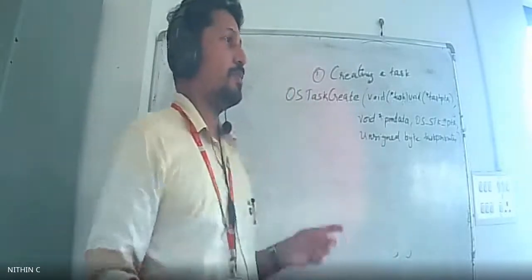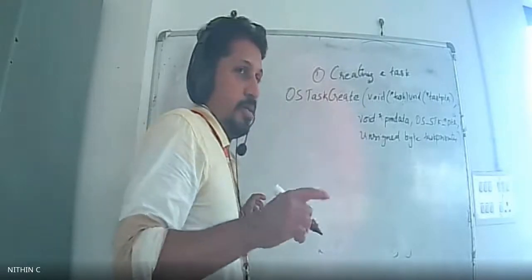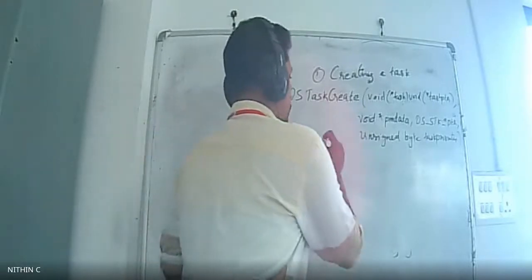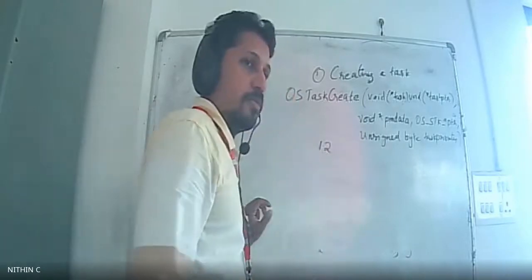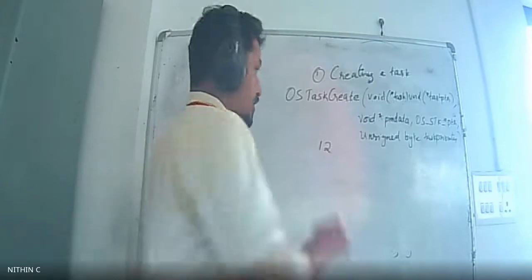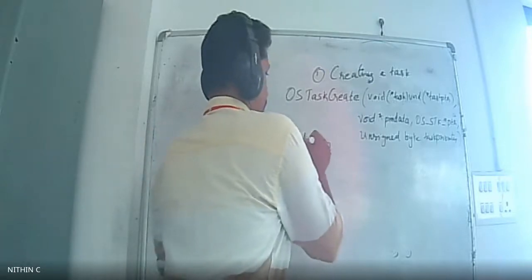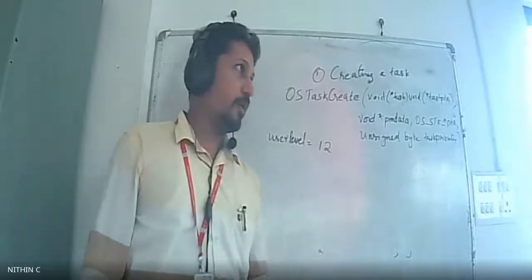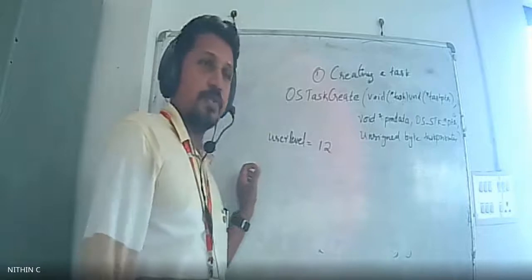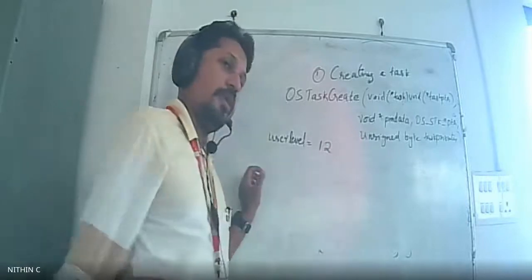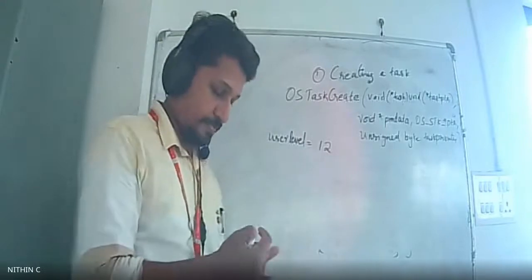And my question to you is, yesterday we were discussing about the user level task 8, right? Today I'm asking you, what is the maximum number of tasks if the user level task is 12? I just want to get your answer, if you understood the concept or not. If the number of user level tasks is 12, I would like to get the maximum number of tasks supported by the system.